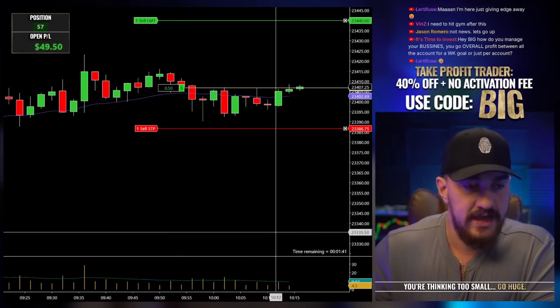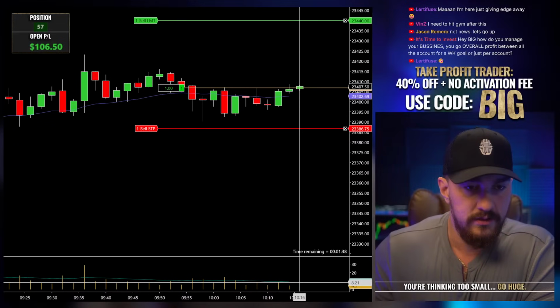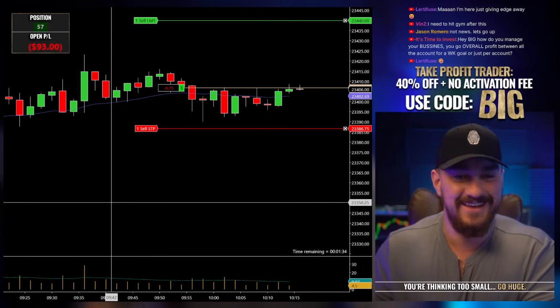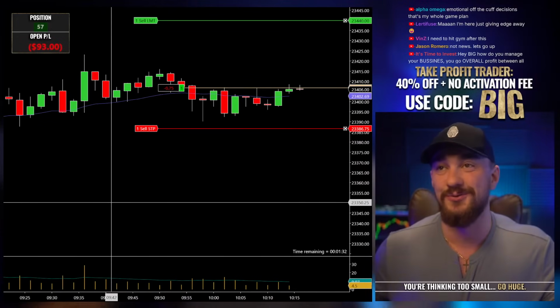ATR is dipping below 10 now, so we've got to keep that in mind. That last bar had a range of 4.5 points, which is pretty low.